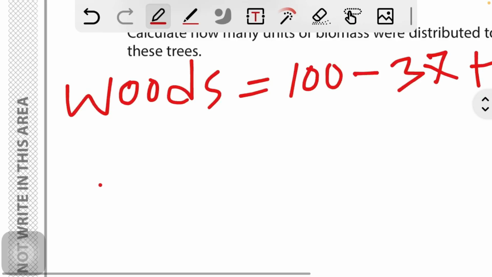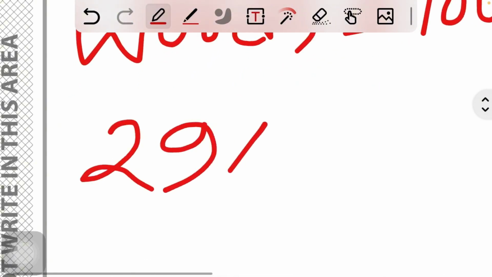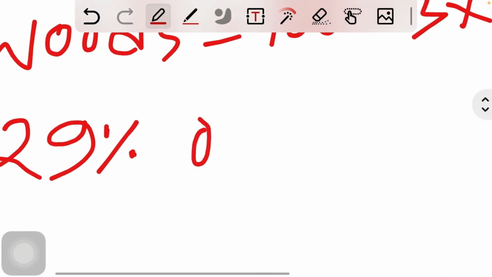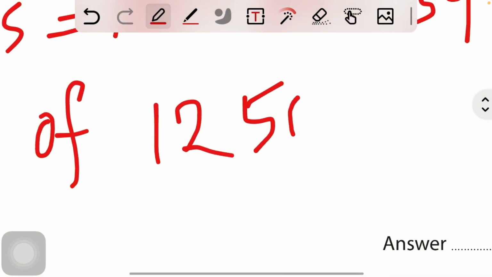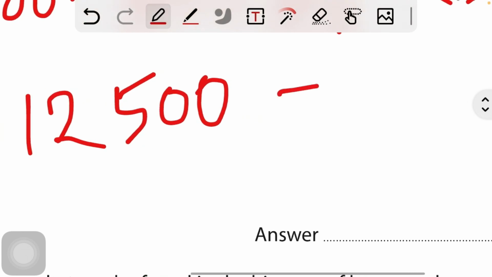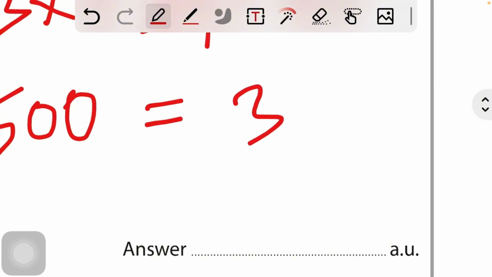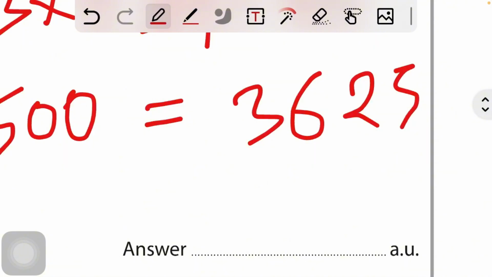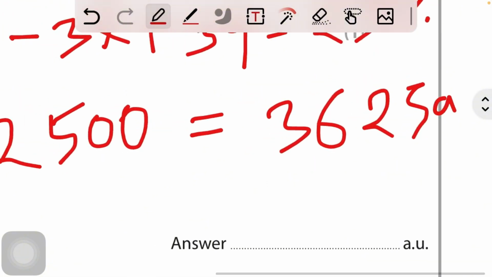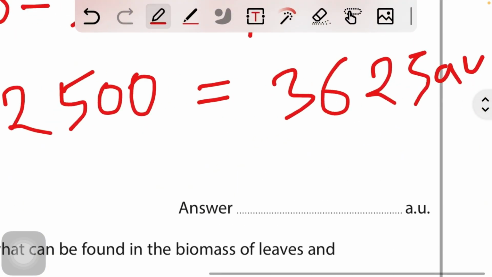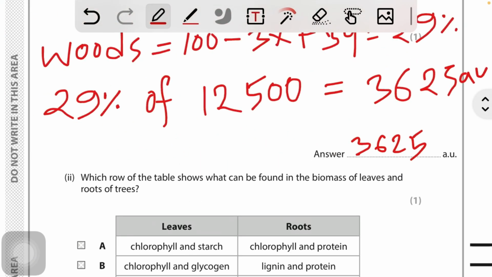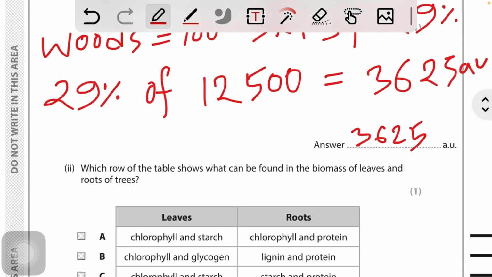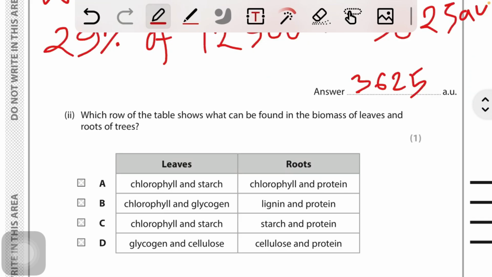Okay, so 29% of 12,500, which is equal to 3,625 arbitrary units. So the answer is 3625. Okay, so this is the end of question 1C. Let's move on to the next question.